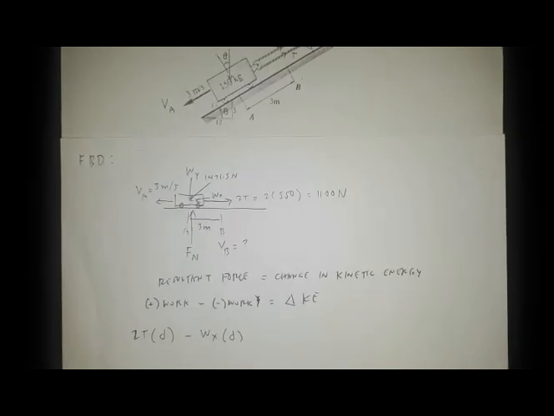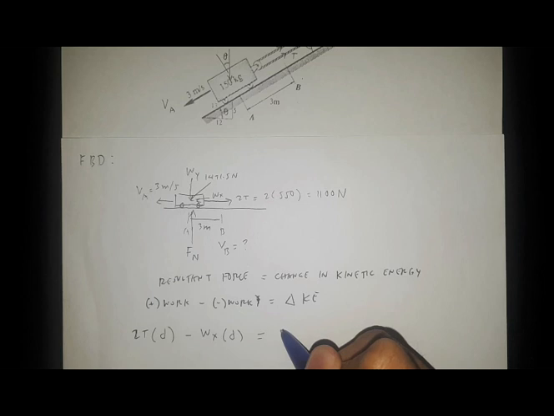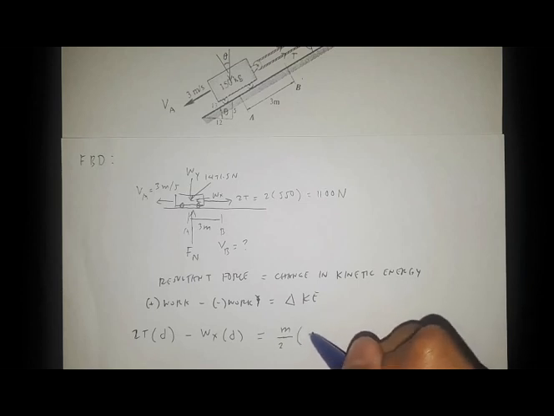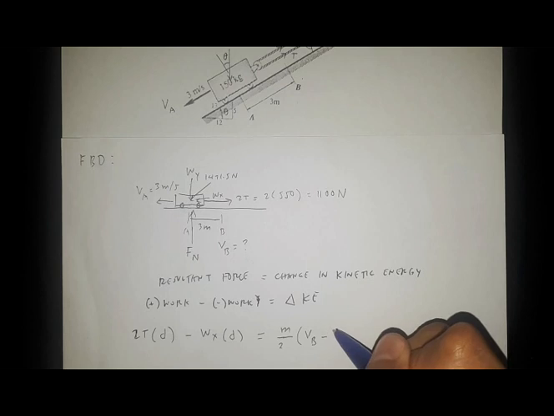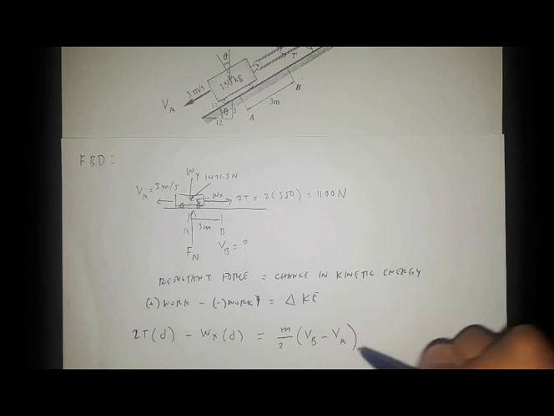So Wx times D equals 1/2 of the mass. So this will be m/2 times final velocity Vb squared minus initial velocity Va squared.